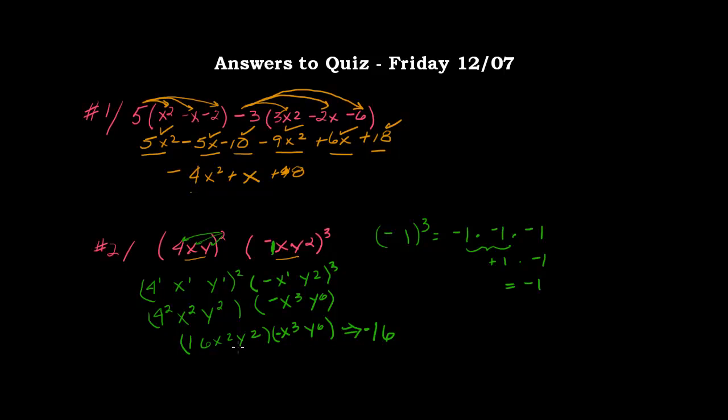X to the second times x to the third, add exponents. This is x to the fifth. Y to the second times y to the sixth is y to the 2 plus 6, which is y to the 8th. This simplifies to negative 16 x to the fifth, y to the 8th.